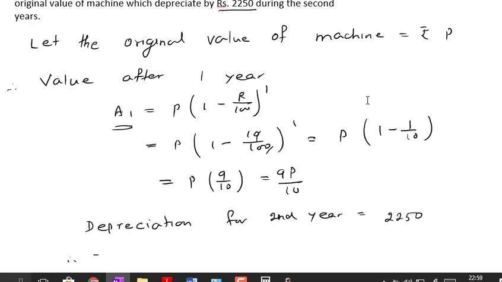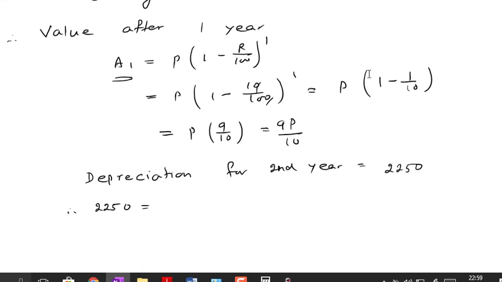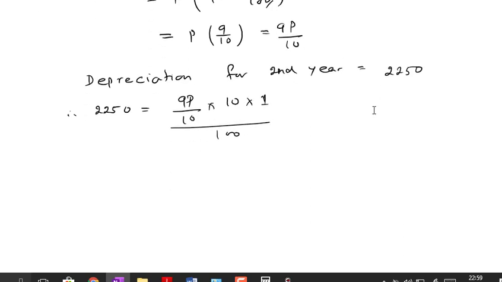So this 2250 will be equal to, now for the second year your principal is 9P upon 10, so it is 9P upon 10 into R, the value of R is 10, into T, the value of T is 1 year, divided by 100. So let us solve. This 10 and this 10 will cancel. So I have 2250 equals 9P upon 100.